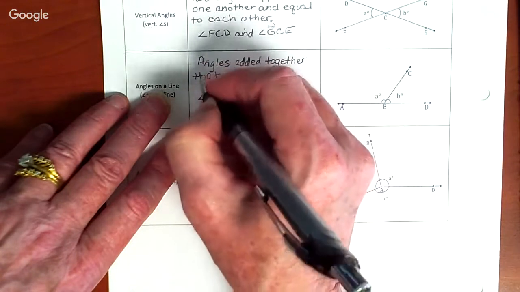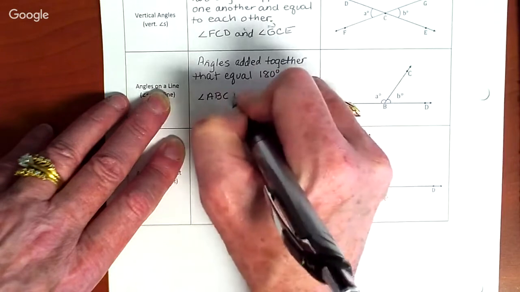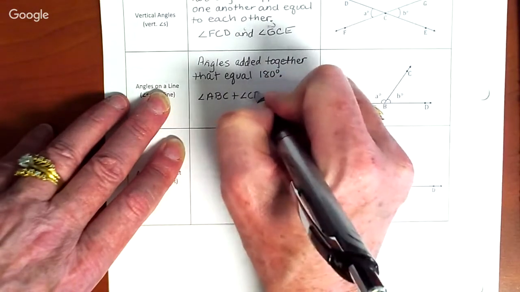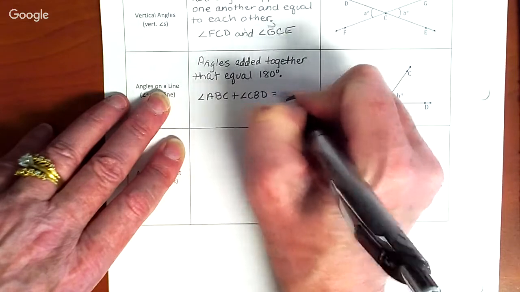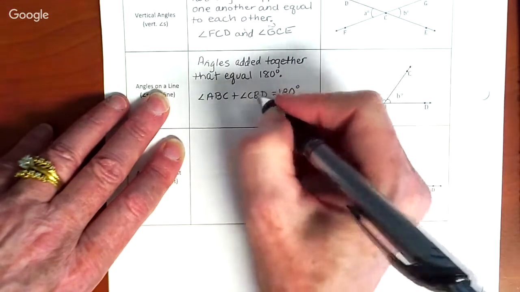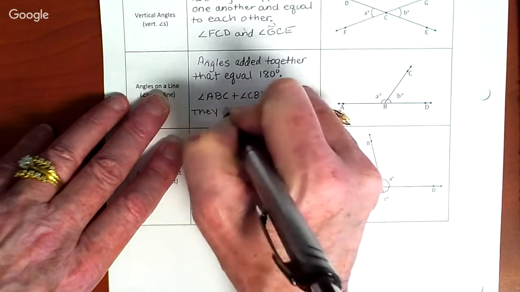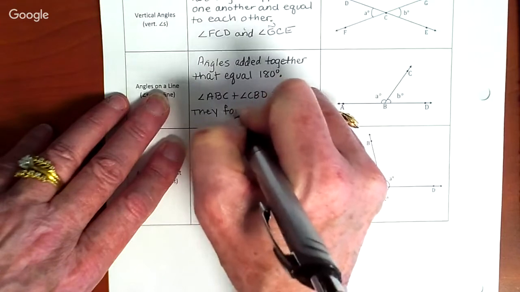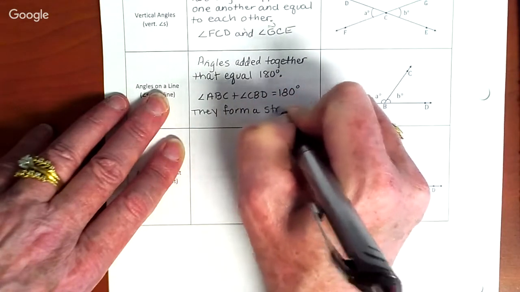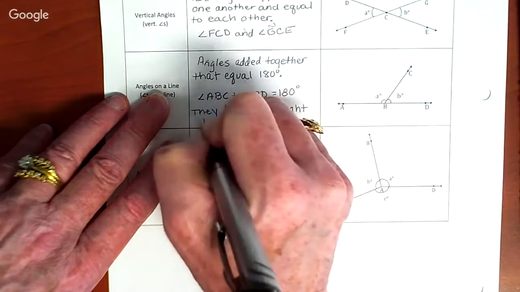Angle ABC and angle CBD equal 180 degrees. They form a straight line.